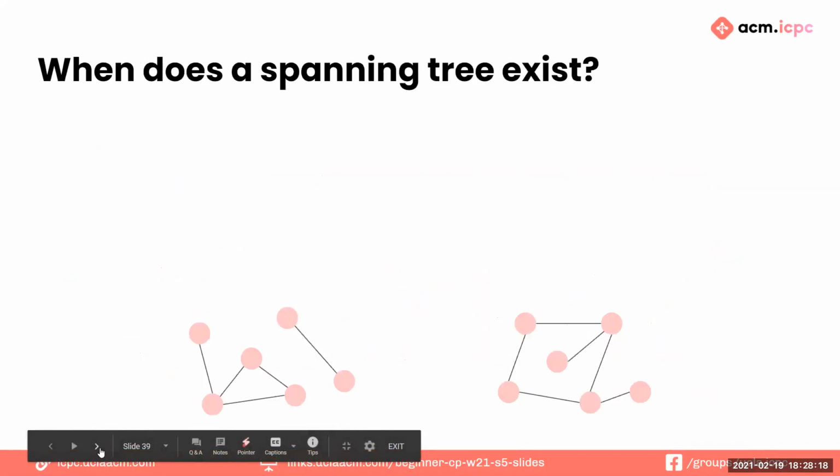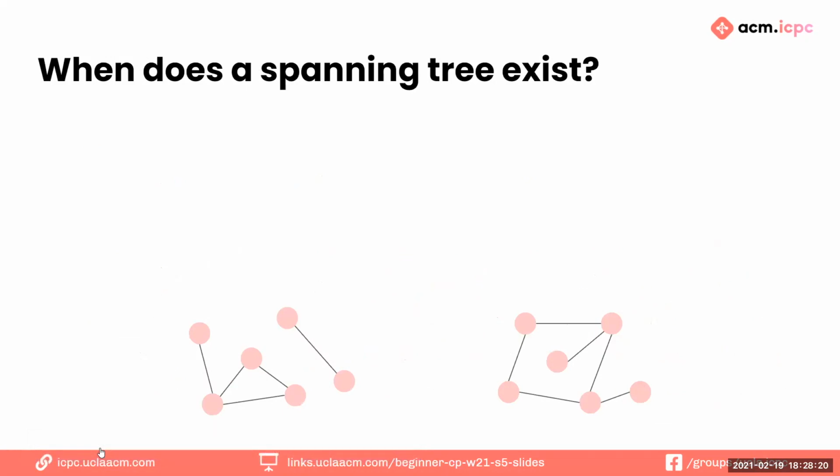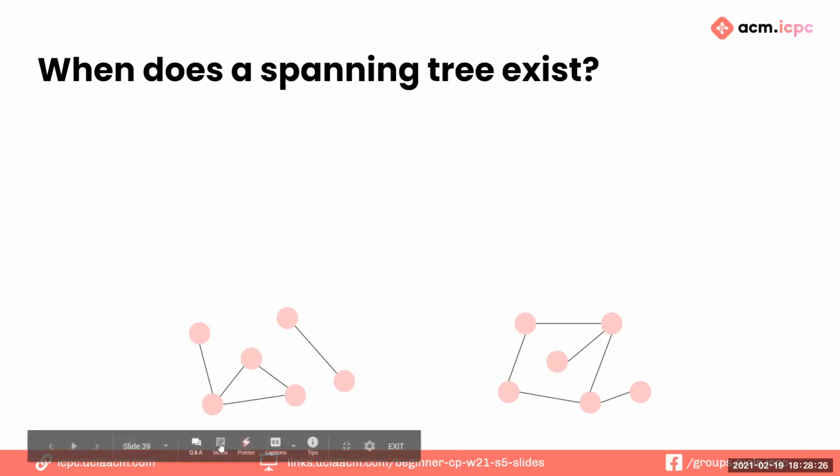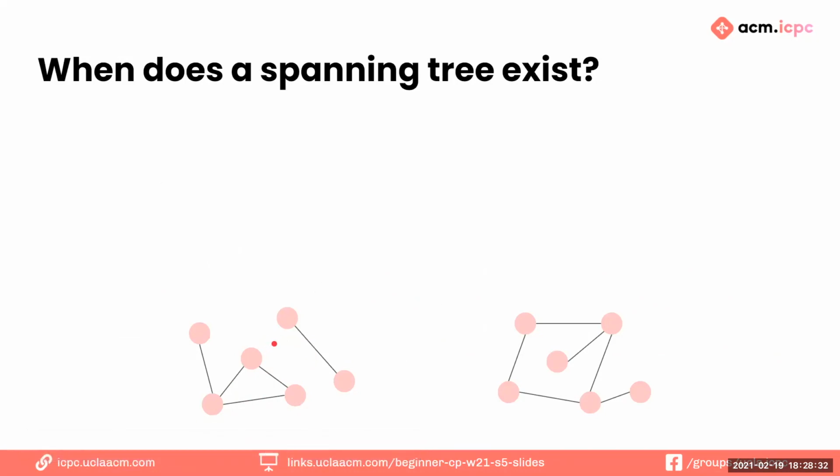And so when does a spanning tree actually exist? If I just gave you some random graph, could you tell me if a spanning tree existed or not? For example, does a spanning tree exist for this graph? No. All right, yeah, good.